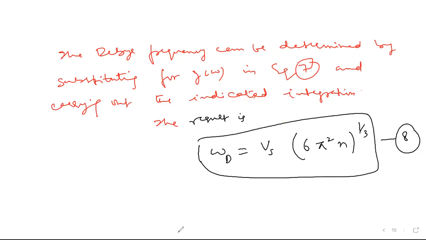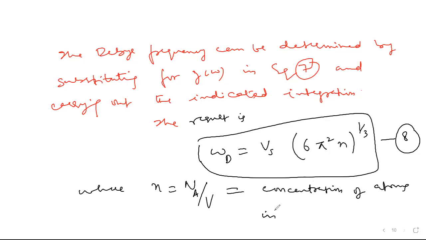ω_D is vs times (6π² n) raised to the power 1 over 3, where this small n is N_A over V, N_A being Avogadro's number of atoms in the solid, because we are taking 1 mole of the solid, and V the volume of the sample. So this small n is the concentration of atoms in the solid, right?